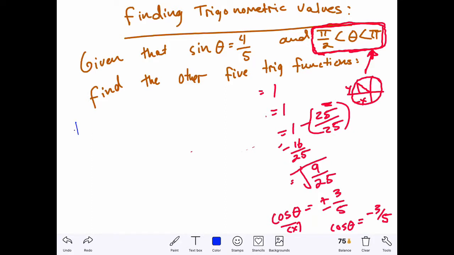Okay, so once I have sine and cosine, let's use another one. Tangent of theta is sine theta over cosine of theta. If sine is 4/5 and cosine we said is negative 3/5, then I can invert and multiply. Negative 5/3.